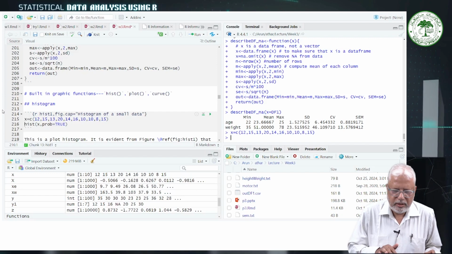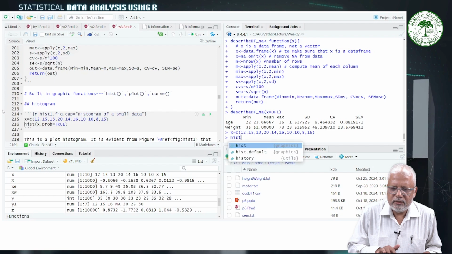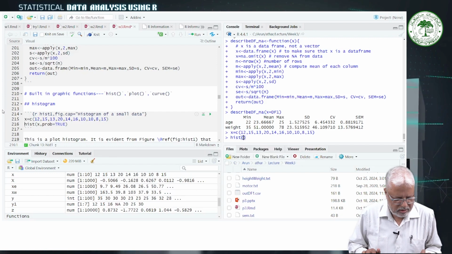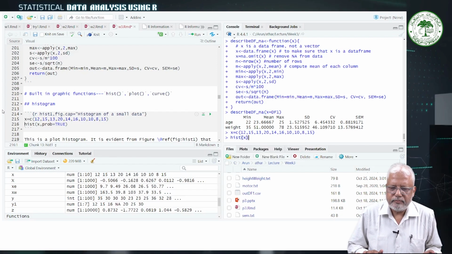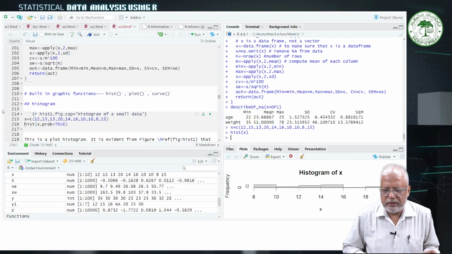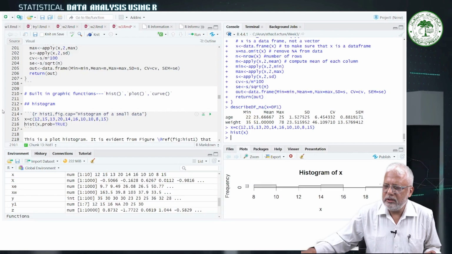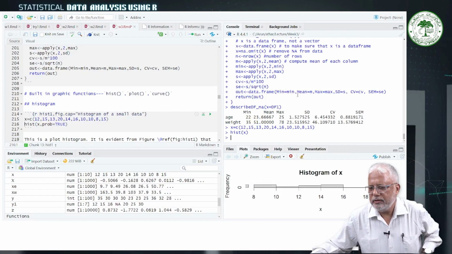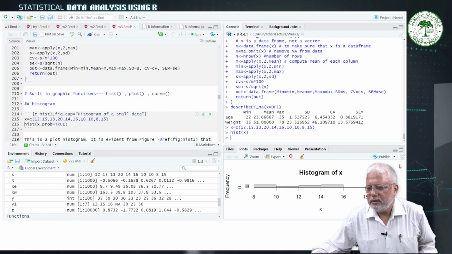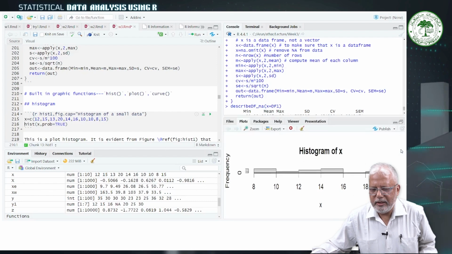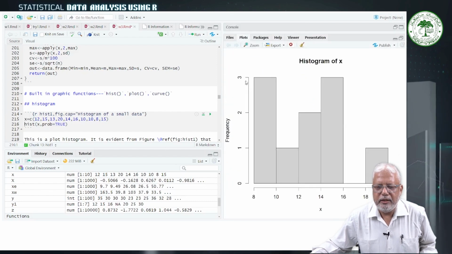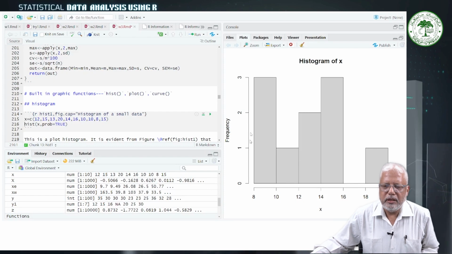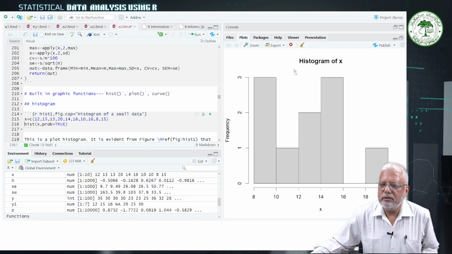If I write hist of x, what does it return? It returns frequency here on the y-axis, and not the density estimates.